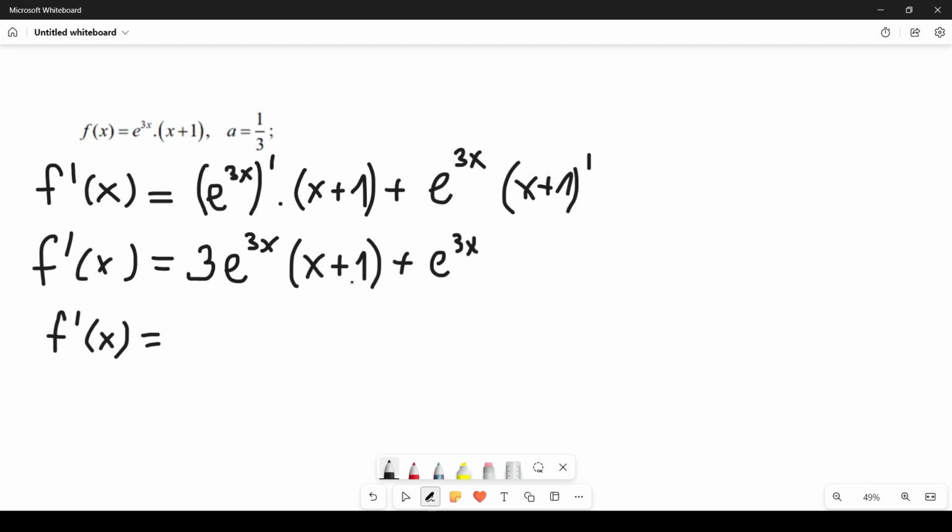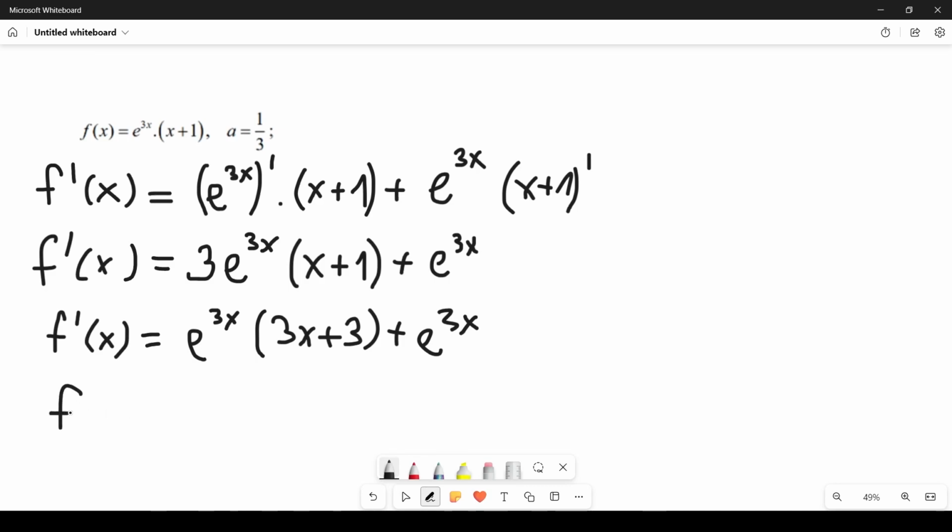And now we can write e to the power of 3x. We can open those brackets, or rather put the 3 in it. So we can write 3x plus 3, plus e to the power of 3x.